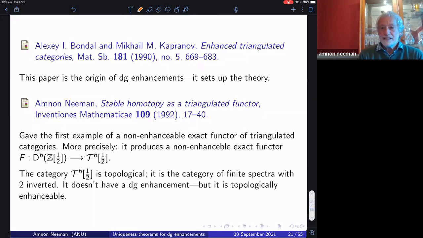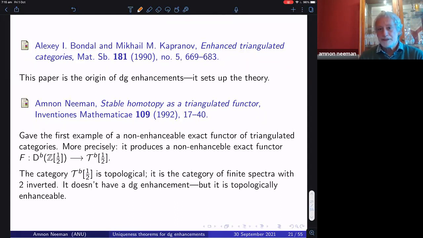And the first counterexample, showing that there exists a non-enhanceable exact functor of triangulated categories, appeared 2 years later. It's a result of mine. And well, I wasn't aware of the Bondal and Kapranov paper, partly because I don't read Russian.